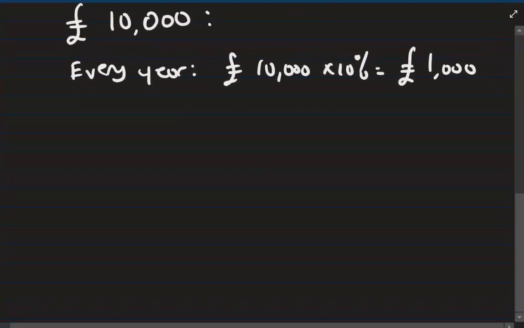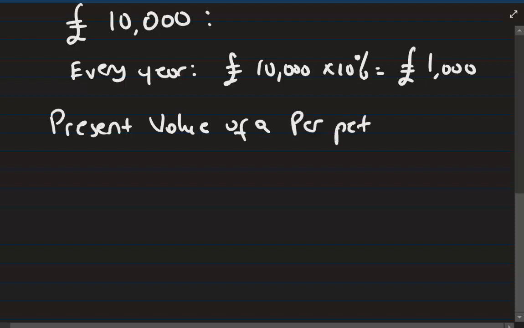Well, how do we calculate value of a perpetuity? Even though math looks complicated, it turns out to be easy. I'm not going to bother you with the niceties of the math. So present value of a perpetuity, I'm going to call that PVP.